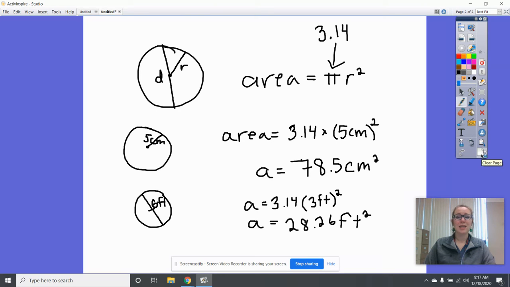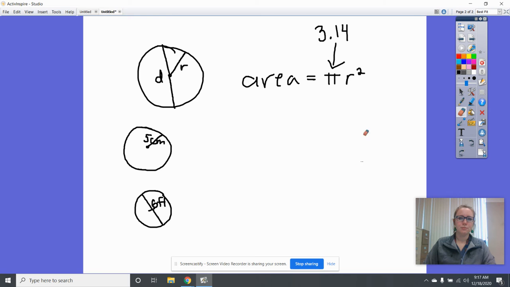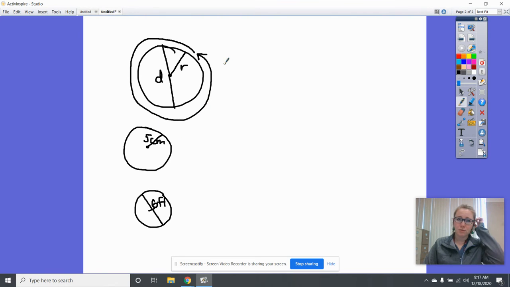Now we're going to take a look at circumference. So let's see. I'm going to erase this because I want to use these same examples. Okay, the formula, well, first off, let me tell you, circumference is like perimeter. It's just how long is the outside of the circle.